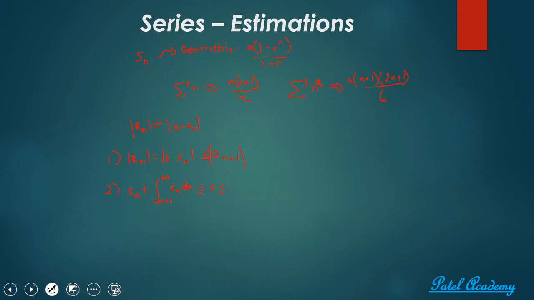So the lower bound is the partial sum plus this integral, it has to be less than or equal to the actual sum, and the sum has to be less than or equal to that same partial sum plus the integral from n to infinity of this. Now once again, this is optional to know, this isn't required for the AP exam, but a lot of times when you have stuff that you've used the integral test on, such as log functions or reciprocal functions, this specific one might be more accurate than the alternating series remainder.